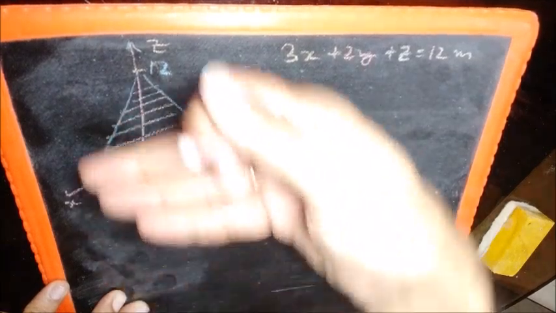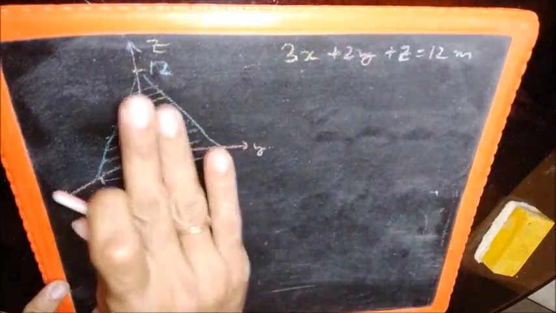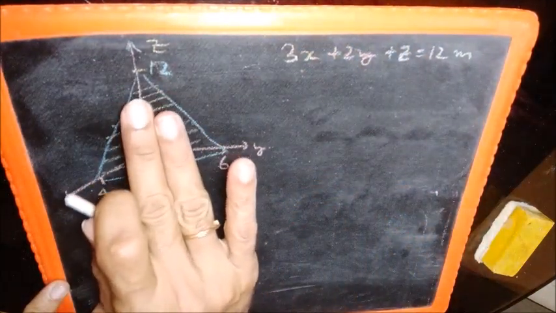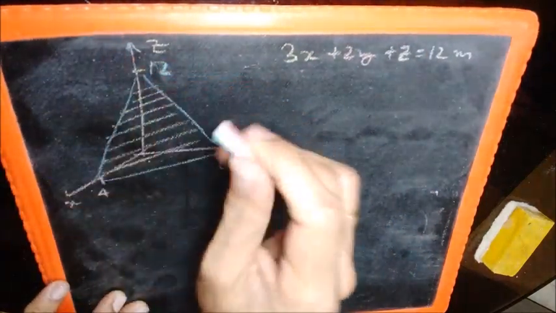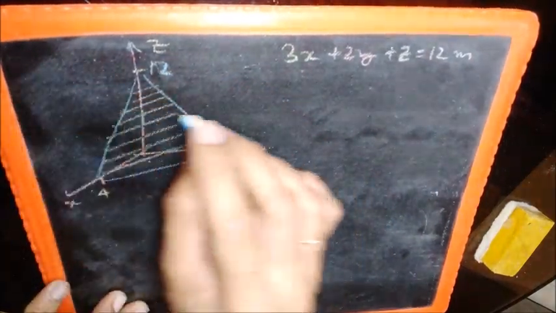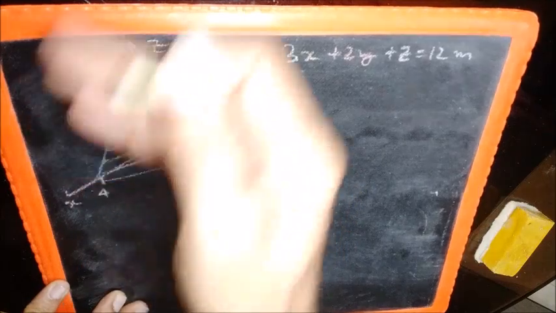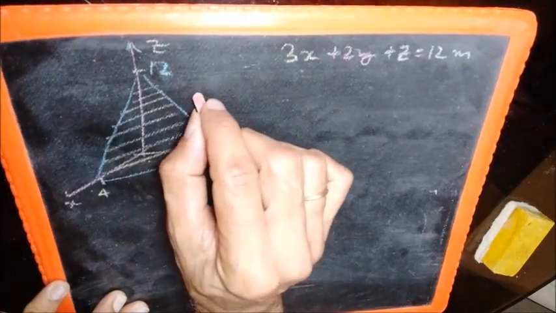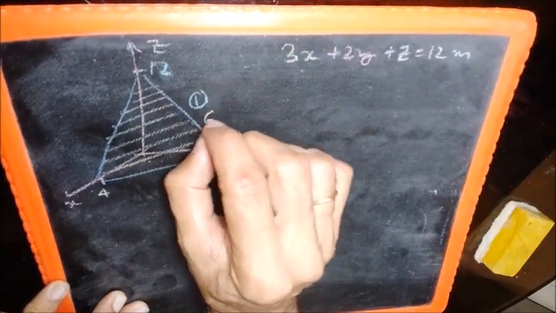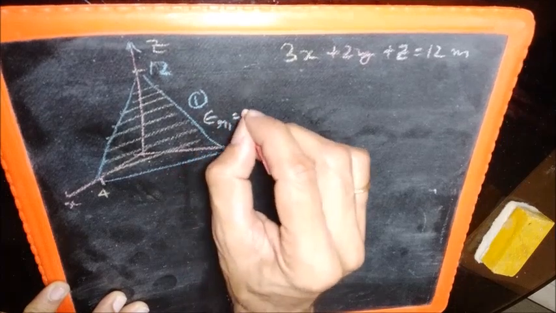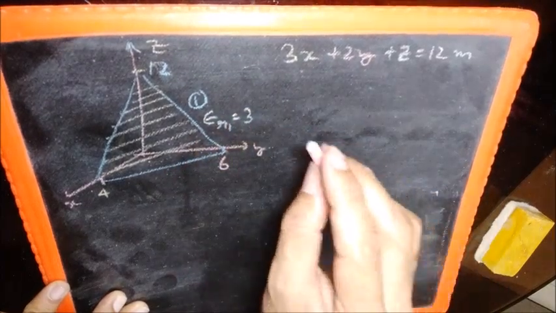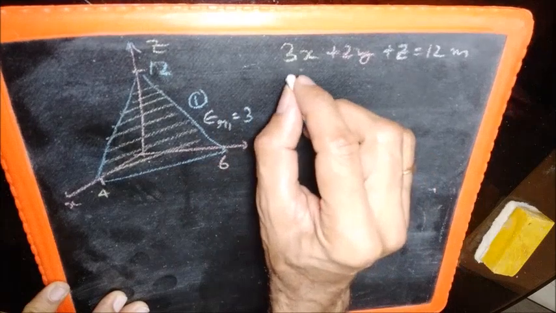So a part of the interface will be like this. What I have shown here is only a section of the interface, and the origin side is behind this. That's what I was telling, it is behind. So behind this interface you have region 1 with epsilon r1 equal to 3. That is the data, and there is a value for E1 also.